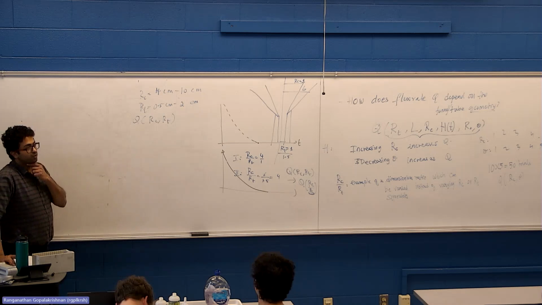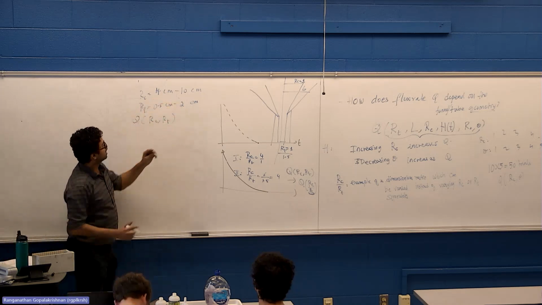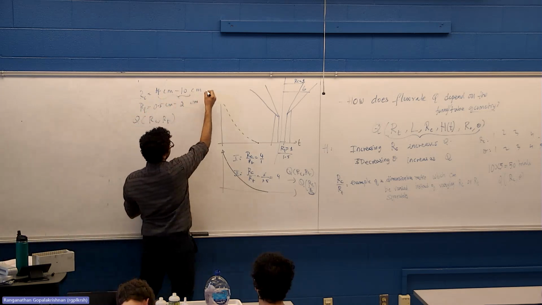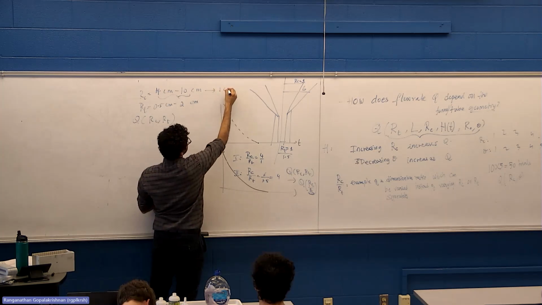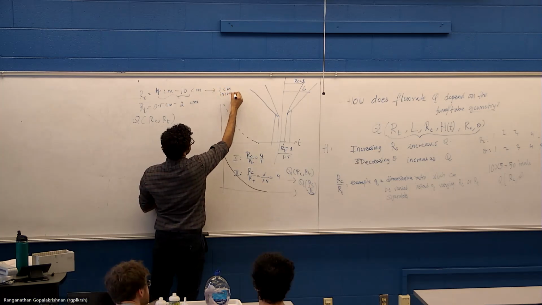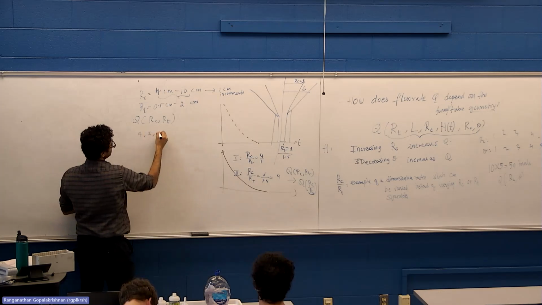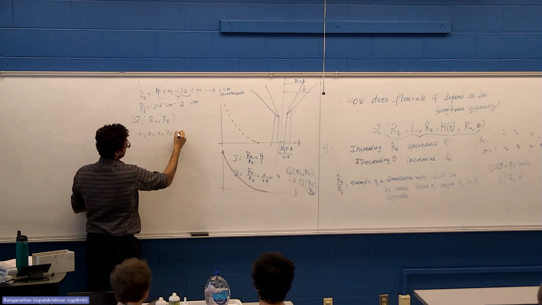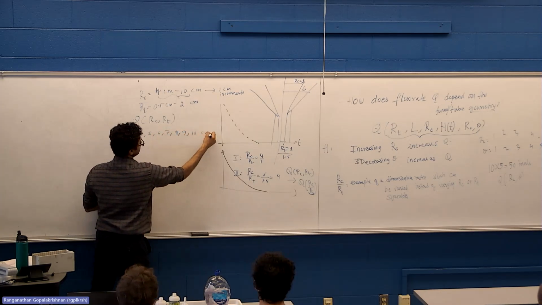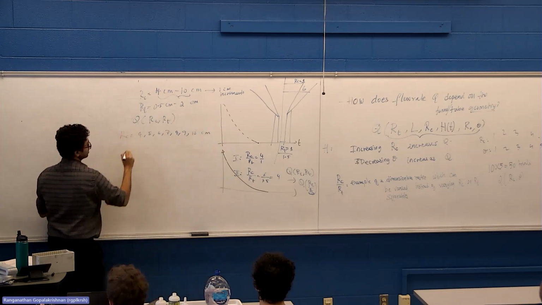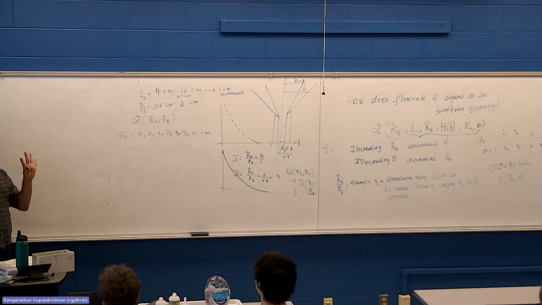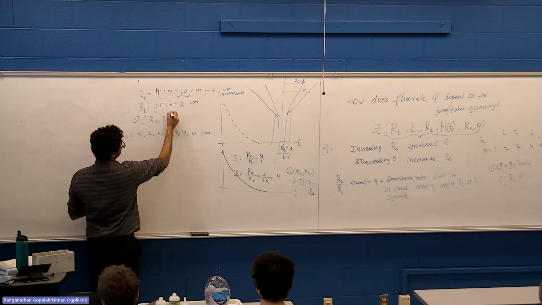How many trials would you need to do to cover this range? Let's say you have a 6 centimeter span and you split that in 1 centimeter increments. So you get what? 4, 5, 6, 7, 8, 9, 10 centimeters for RC. 7 values. Okay. And the same thing here.